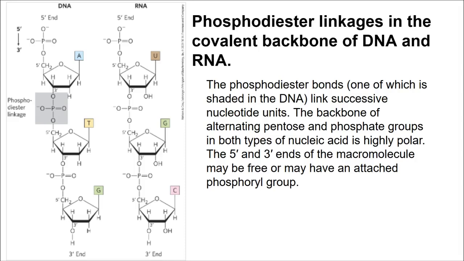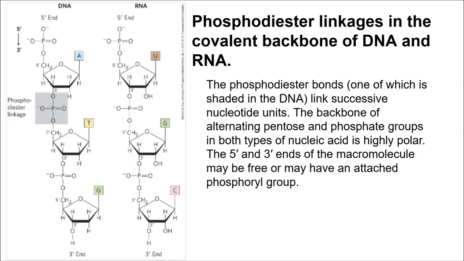As far as joining nucleotides together, it is done by phosphodiester bonds, which form the backbone of alternating pentose and phosphate groups in both types of nucleic acid, and is highly polar. The 5' and 3' end of the macromolecule may be free or may have an attached phosphoryl group.